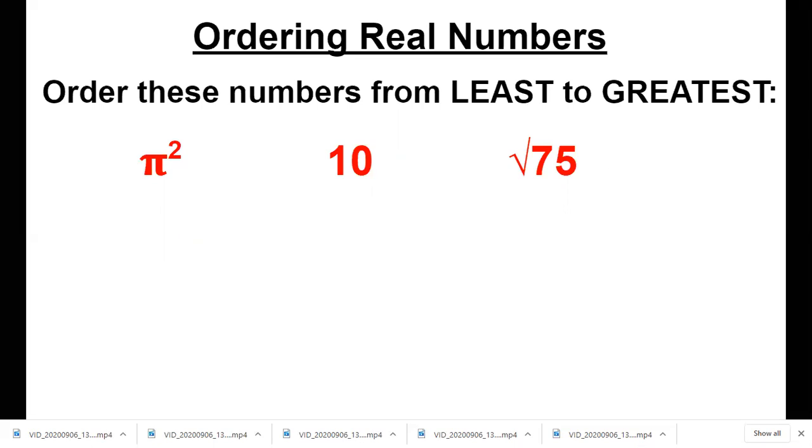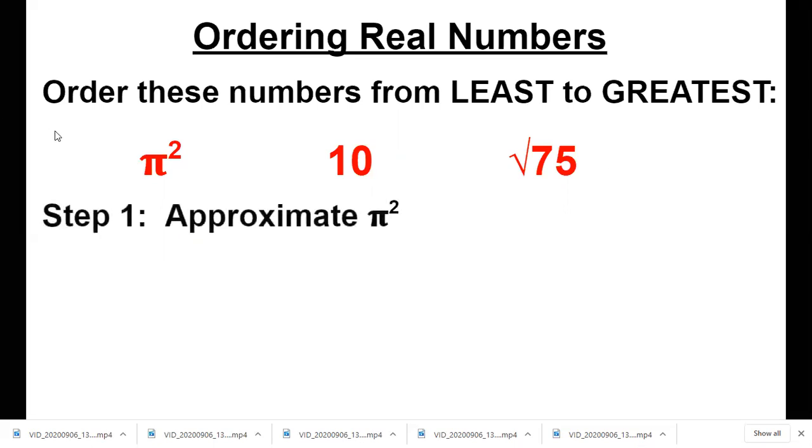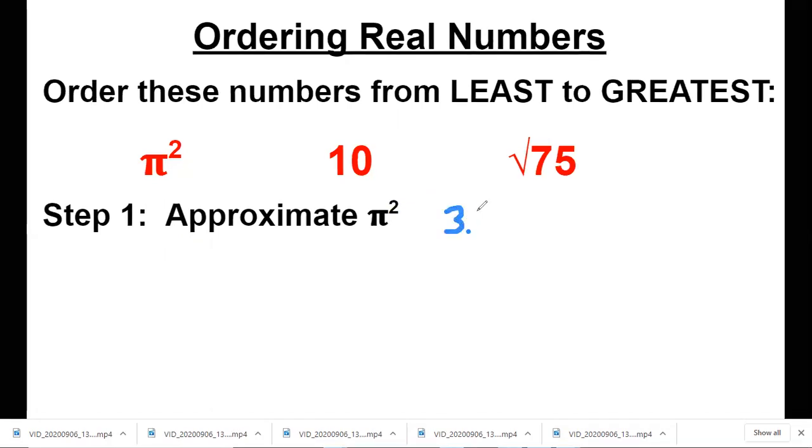So we have to change them into decimal format. First we're going to approximate pi squared. That shouldn't be too difficult, right? What's pi? That's approximately 3.14. So we would square it. So we would have 3.14 times 3.14.